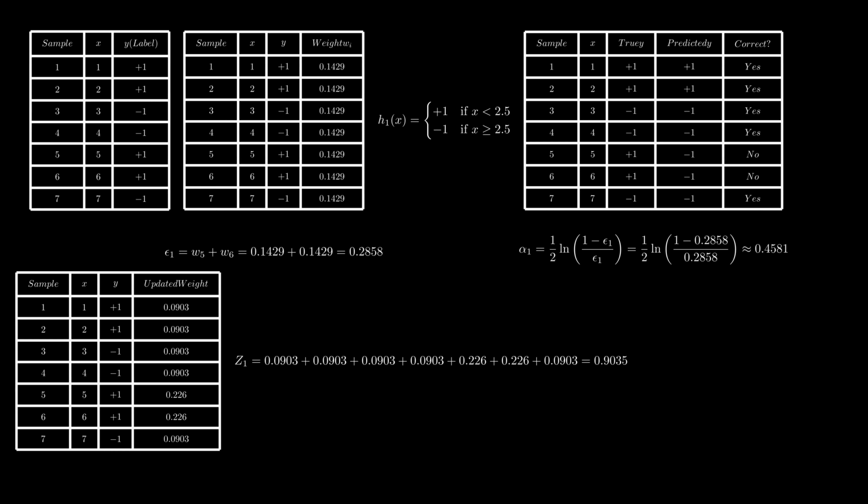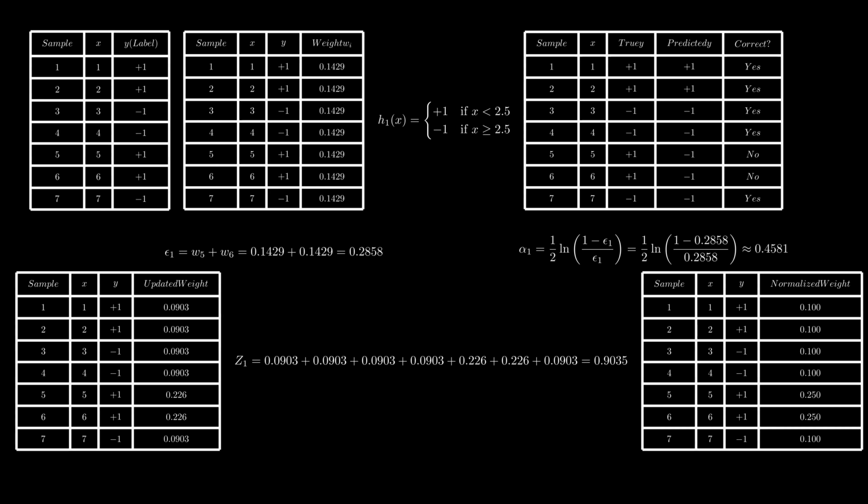Here, Z_1 is 0.9035. Finally, we normalize the weights by dividing each updated weight by Z_1. This ensures the weights sum to 1. Here are the normalized weights.